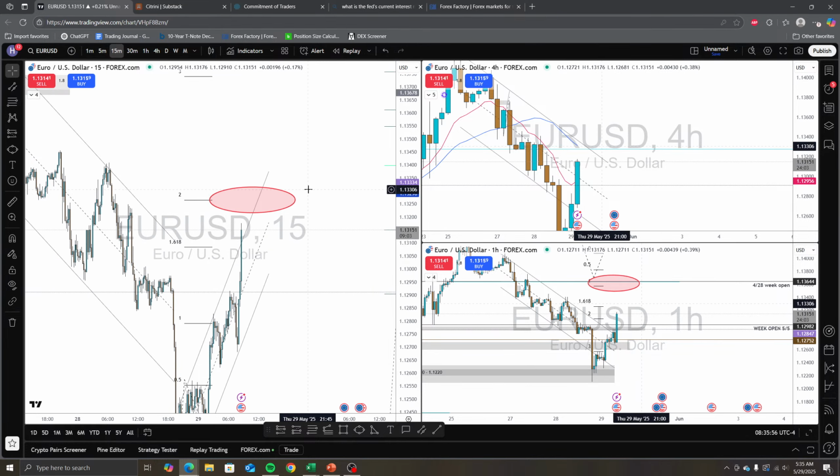I want to see something happen between basically 1.33 and 1.32. So let's just say 1.33 to 1.32.